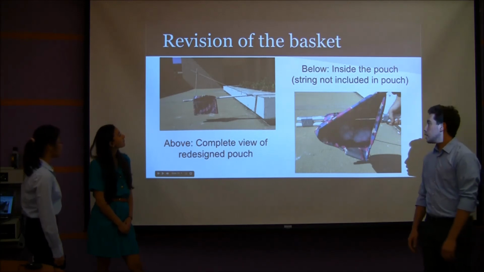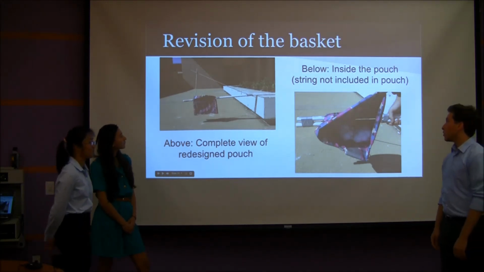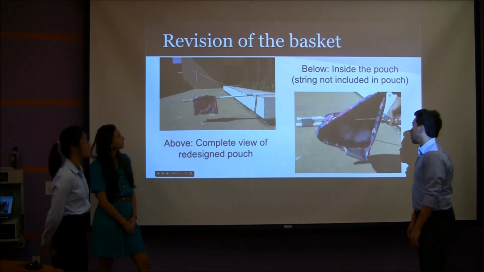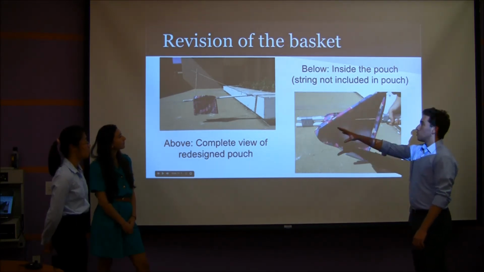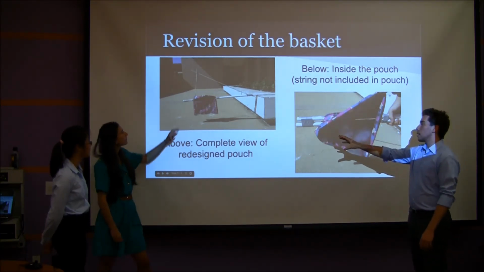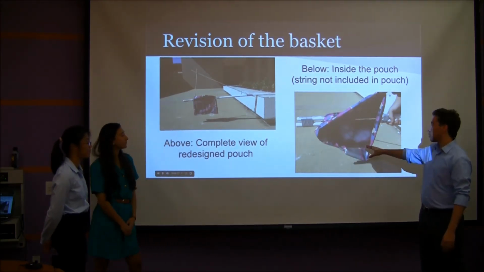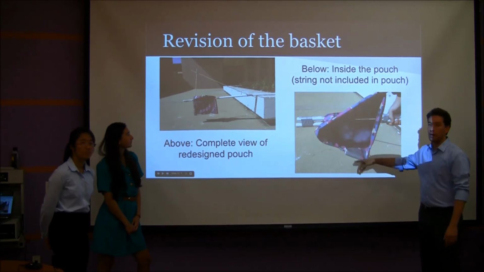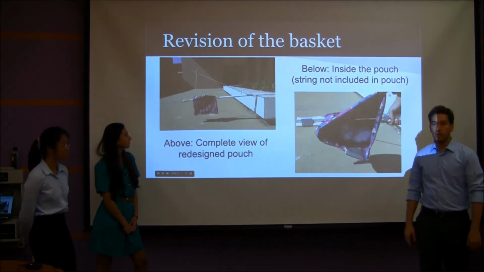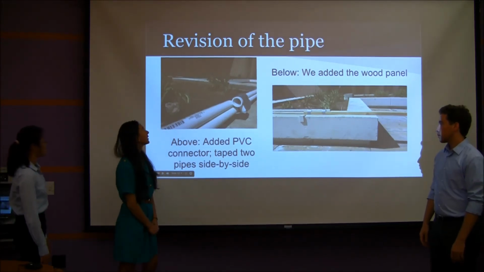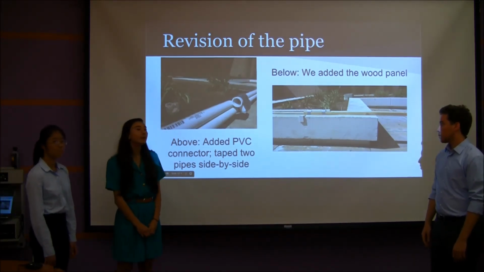So here you can see our revision of the basket with the cloth pouch. Those are the wooden dowels supporting the basket right there, and then here you can actually see inside our pouch, this is the cotton Ziploc bag containing the egg. Here are images of the revision of the pipe.